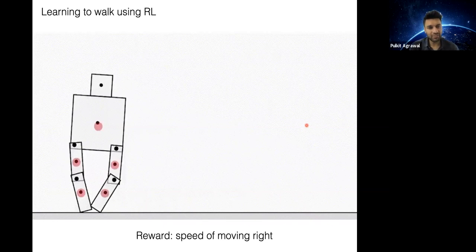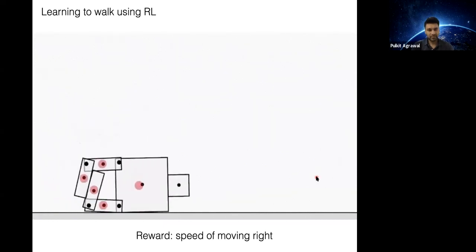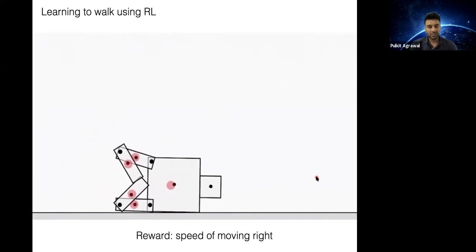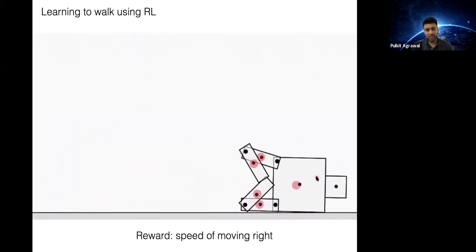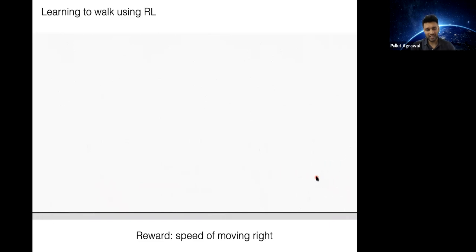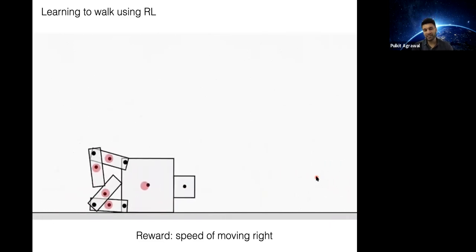Consider this example, and suppose the reward I give is the speed at which this agent moves to the right, and I want to use reinforcement learning to make this agent actually walk. Now let's see what happens if we optimize it. One strategy we could learn is to move right, but in the way you're seeing on the screen.